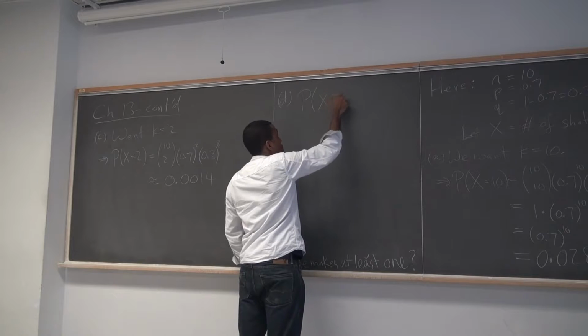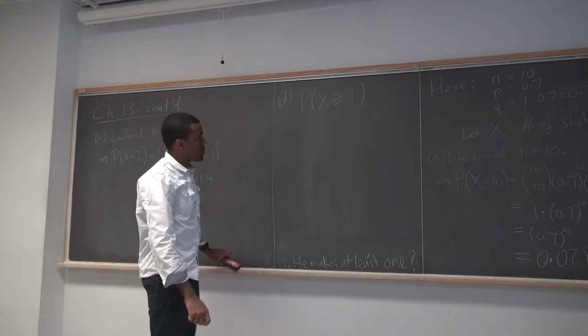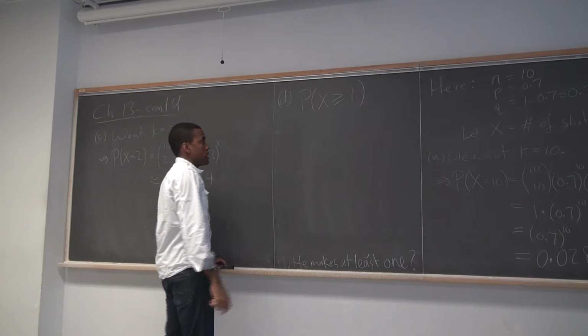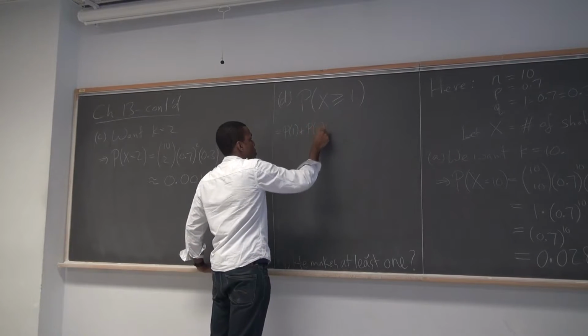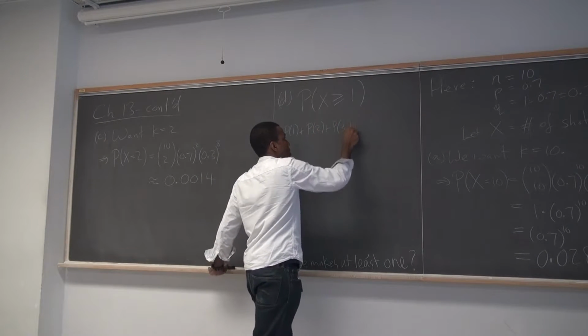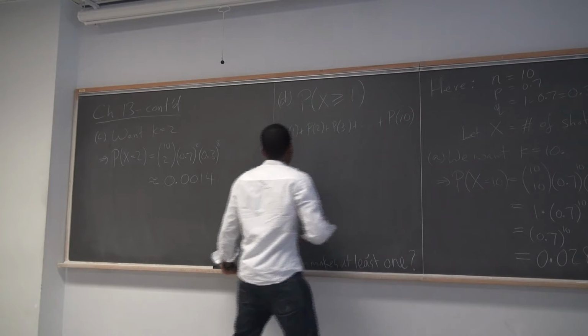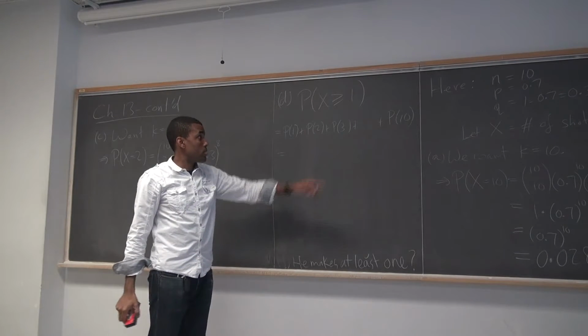At least means greater than or equal to. So basically that would be the probability of 1 plus the probability of 2 plus the probability of 3 plus all the way up to the probability of 10. And then of course we're going to just plug this into our calculator, right?